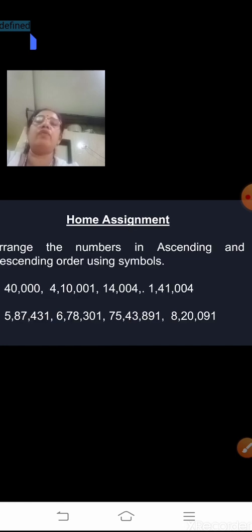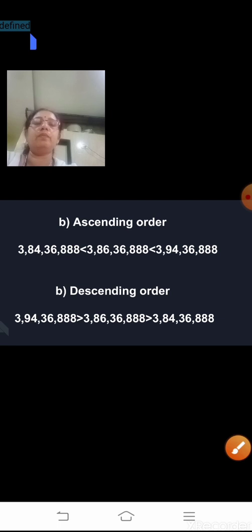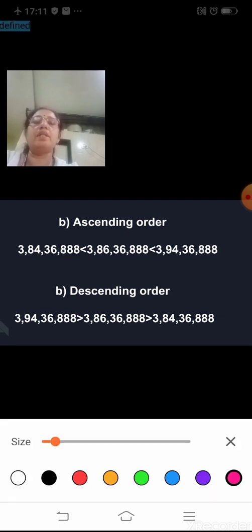Just see again, the first number is the same, 3, then 84 lakh is smaller than 86, and 86 is smaller than 94. So you have arranged these numbers in ascending order. Now you also know how to put the sign. Since 3 crore 84 is smaller, you will show the smaller sign like this. 3 crore 86 is smaller than 3 crore 94 lakh, so you will show the sign like this.